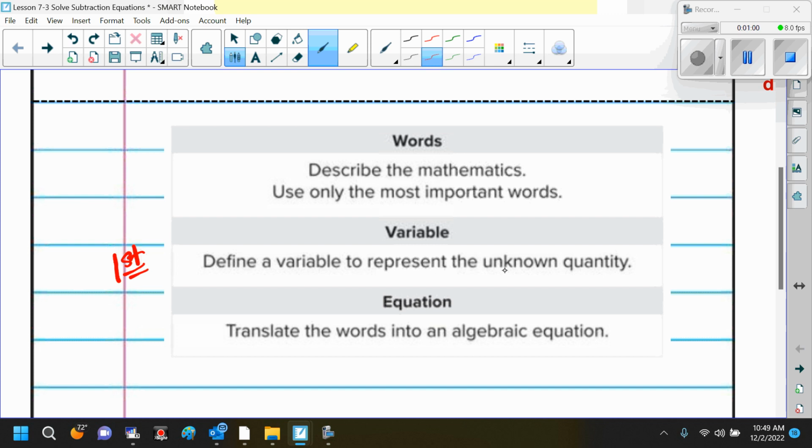Define the variable first, then write your important information, and then after that, translate the English to math. This is the order that I find the most efficient.